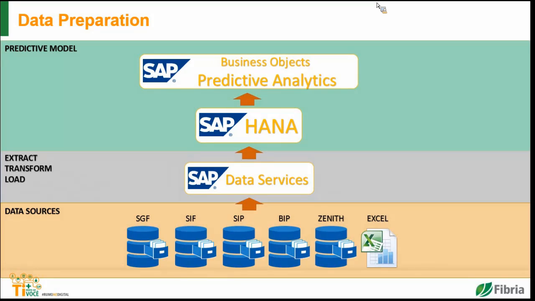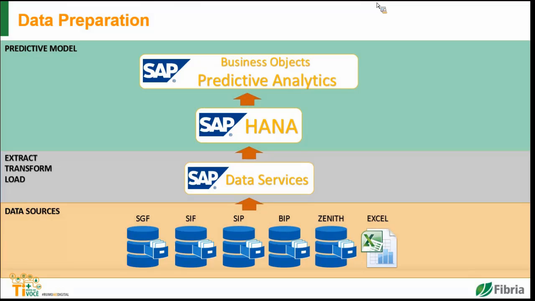After that, connecting to these databases, we use the SAP Data Services. That is nothing less than an ETL tool that I use to extract, transform all the data, and load this data in the SAP HANA.